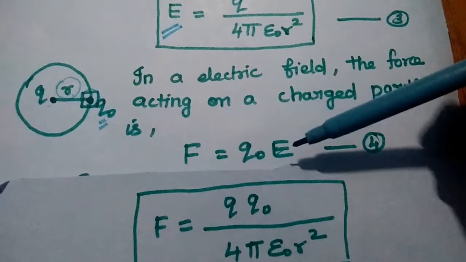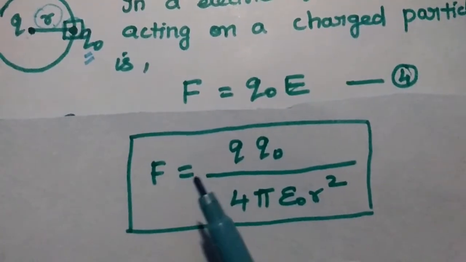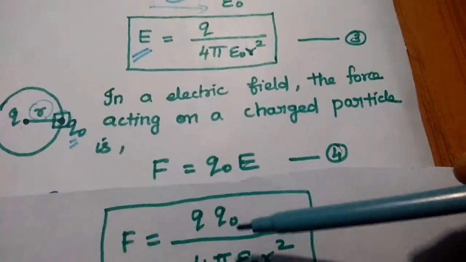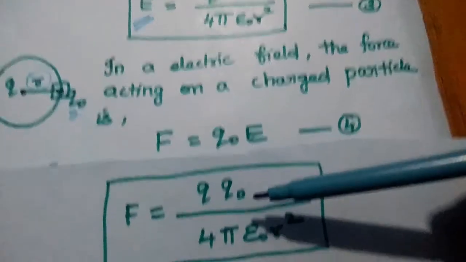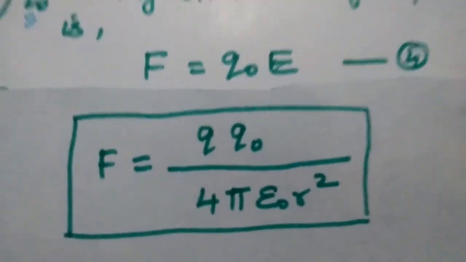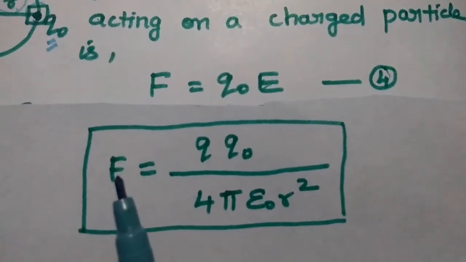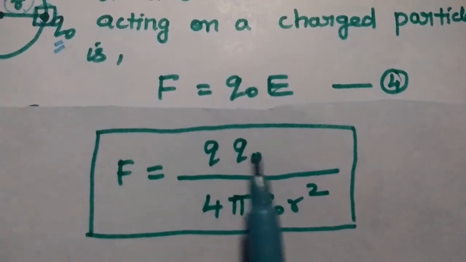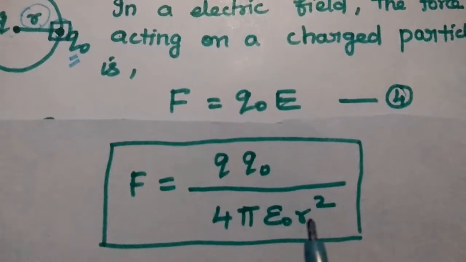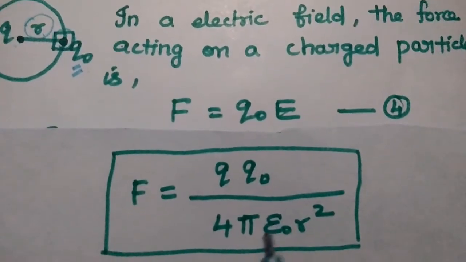So the force is equal to Q into Q naught divided by 4 pi epsilon naught r squared. This is nothing but Coulomb's law. So Coulomb's law is what? Force is directly proportional to the product of two charges and inversely proportional to the square of the distance. Correct. So now we have derived Coulomb's law from the Gauss law.